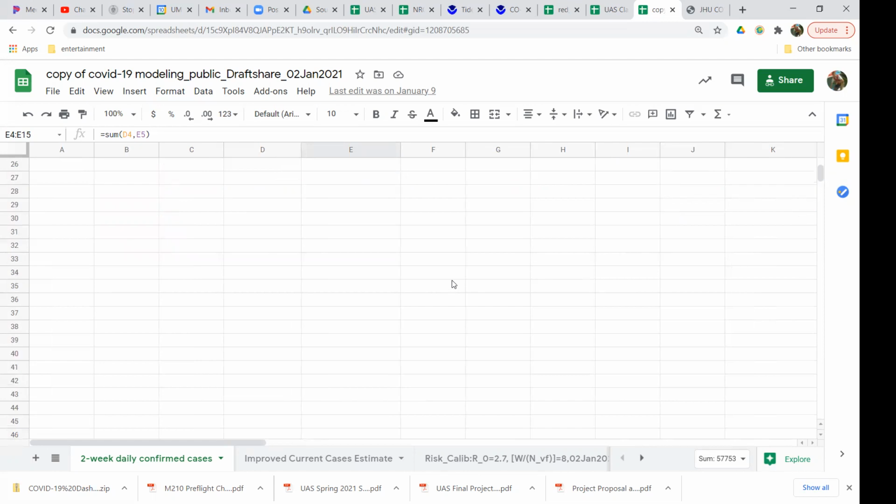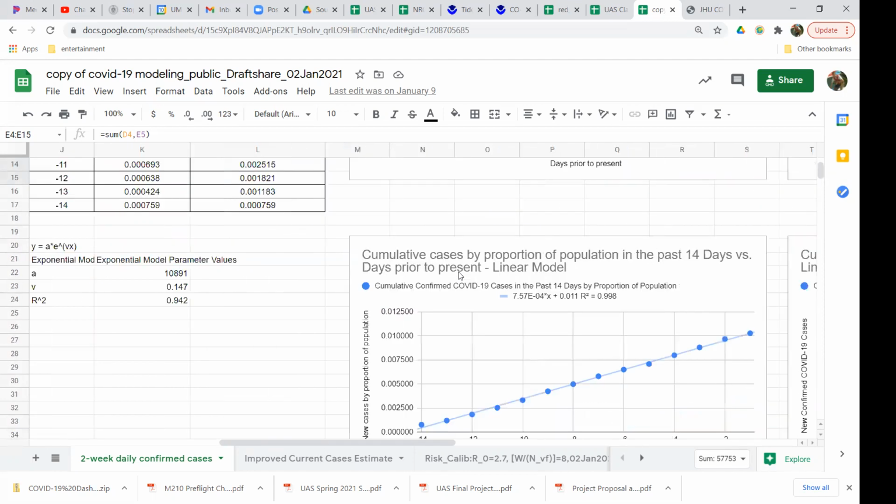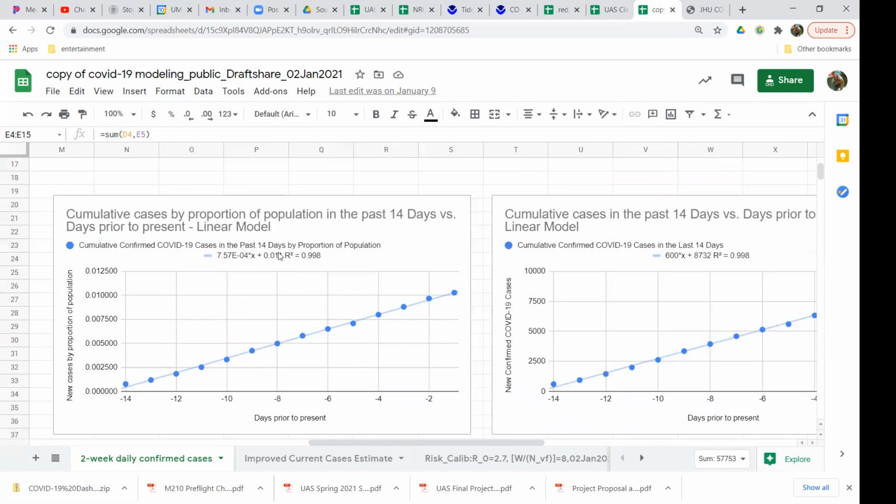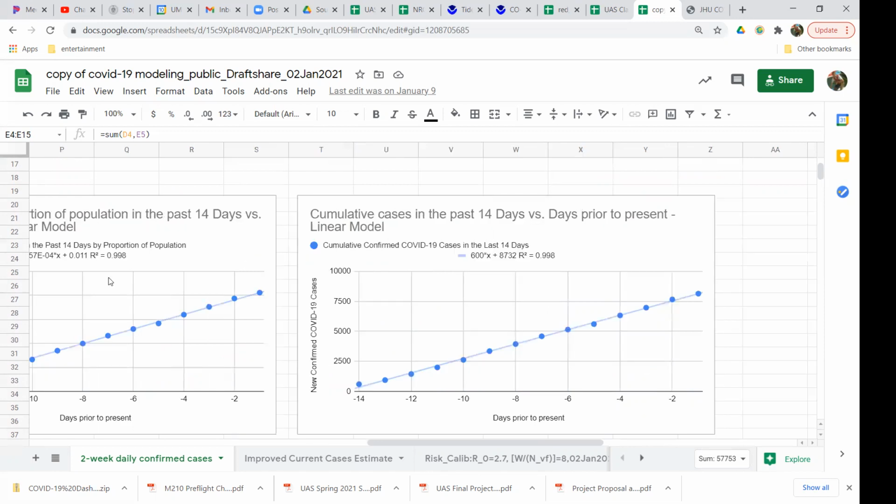Then what you want to do is take the parameter values for the regression fit that are listed in the graph. Here, I'm looking at the portion of population, so that's by portion of population. This is by actual cases. So you want it to be 600 per day, plus the 8,732.